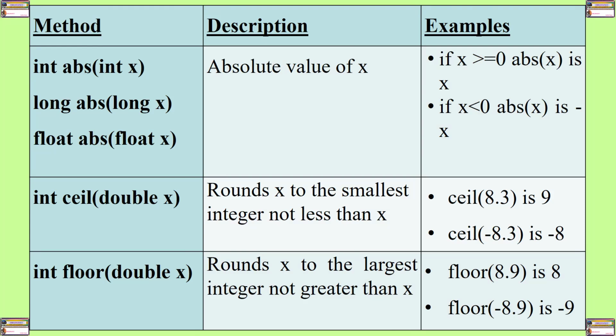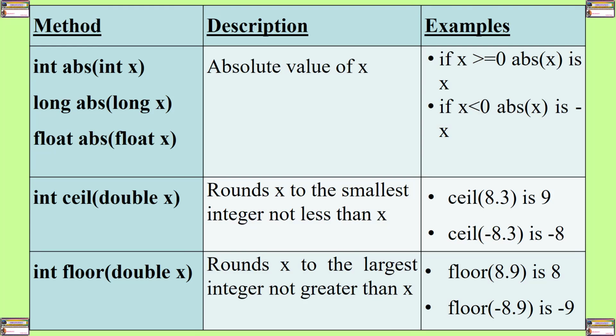Another method is called floor. If you pass to floor a value x of type double, it will round the value you have passed to the largest integer which is not greater than the value itself.